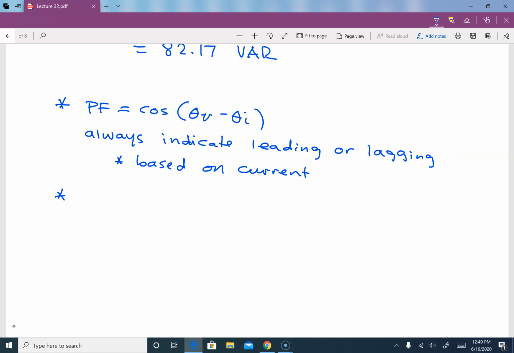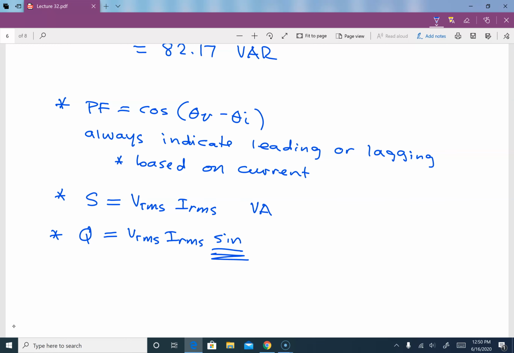We have said that S, the apparent power, is VRMS times IRMS, the product of the RMS values of voltage and current, and the unit is volt ampere. The third thing, Q, the reactive power, is equal to VRMS IRMS sine of theta V minus theta I, because if it is cosine, then that is the average power, and Q is in volt ampere reactive.